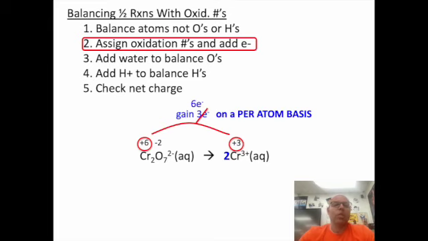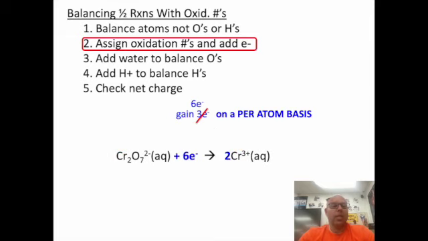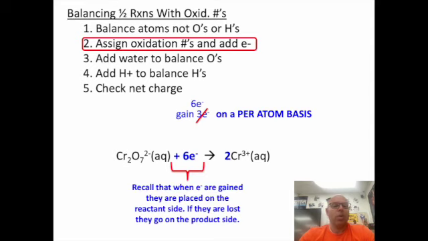So I'm really gaining 6 electrons total, 3 per atom. Next, I'm going to put my electrons in. Whenever we're gaining electrons, we put them on the reactant side of the equation. If they're lost, they go on the other side.